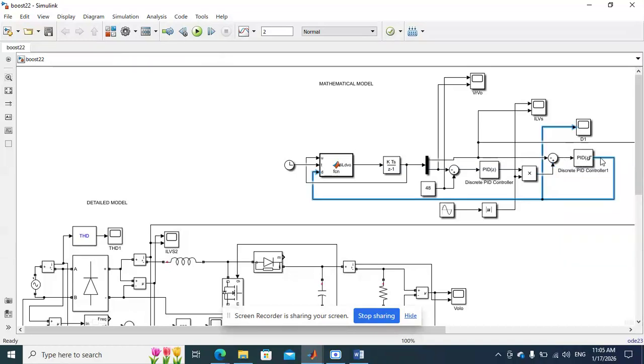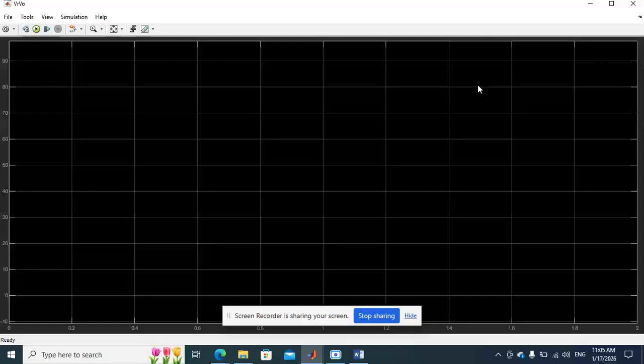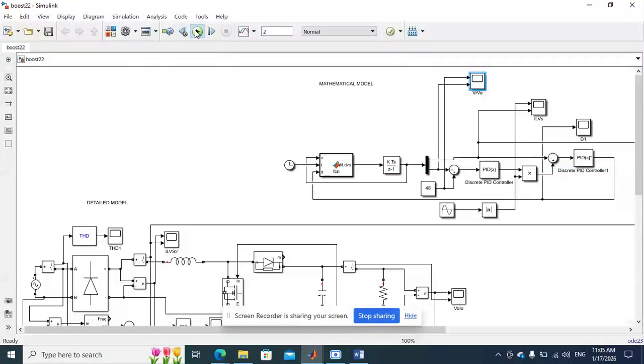The PID controller will generate the duty ratio, which will be fed back to the converter. In this, the outputs are voltage and current, reference voltage and the measured voltage. So we have to run it.